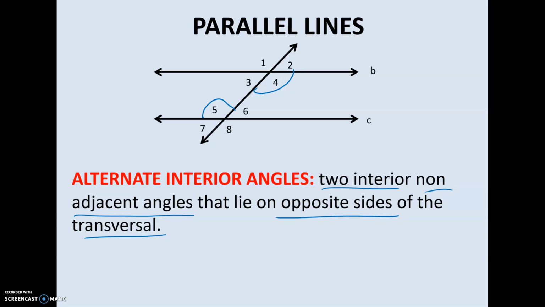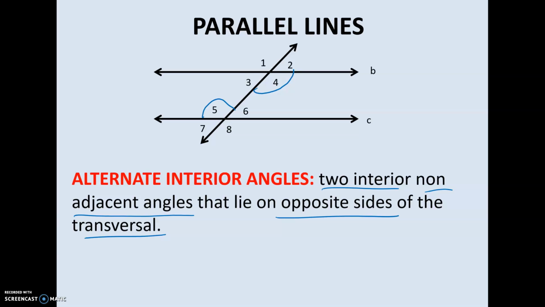So 3 and 4 would be adjacent because they have the same side and vertex. 4 and 5 have the same side, but they don't have the same vertex. So they're opposite sides and they don't have the same vertex. So those are the alternate interior angles.